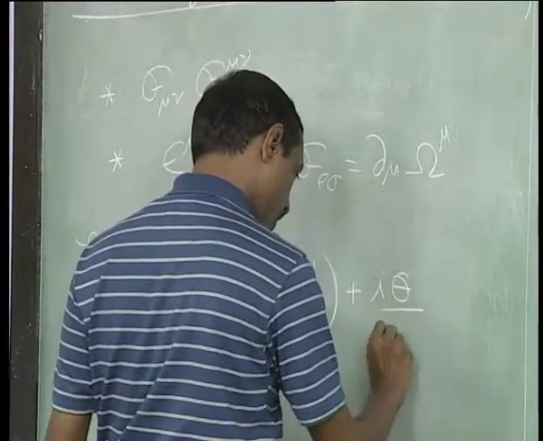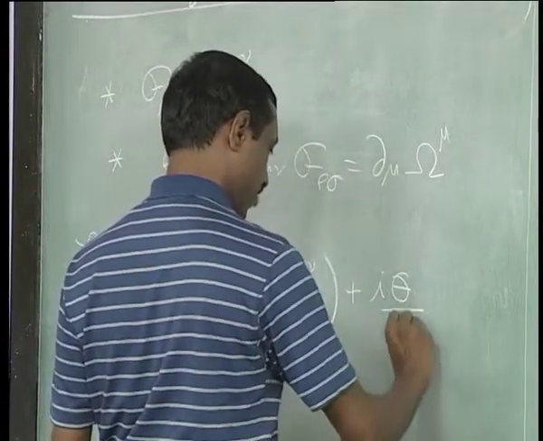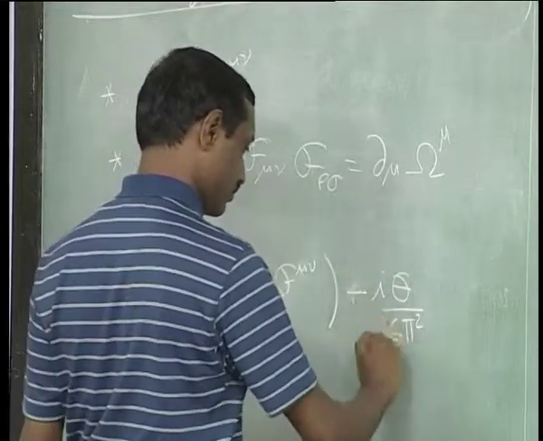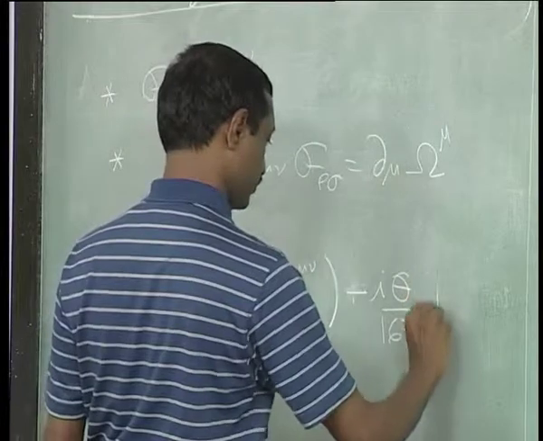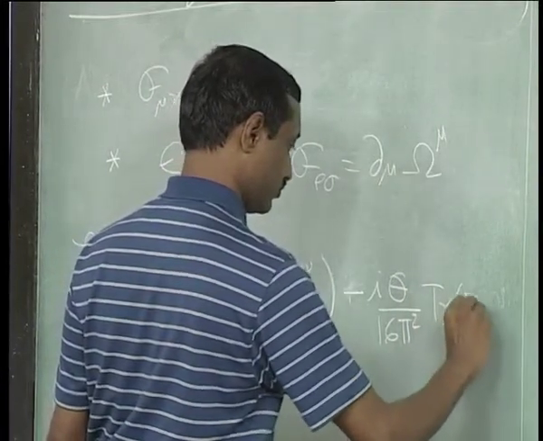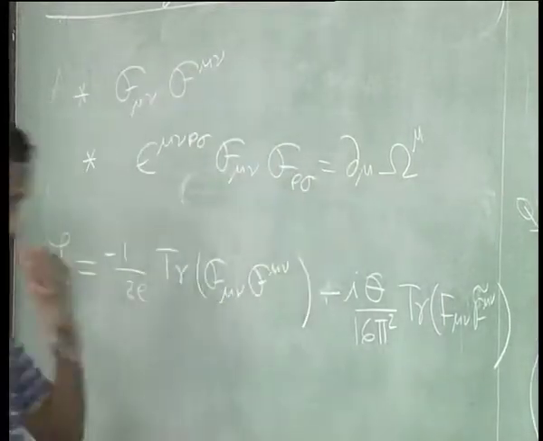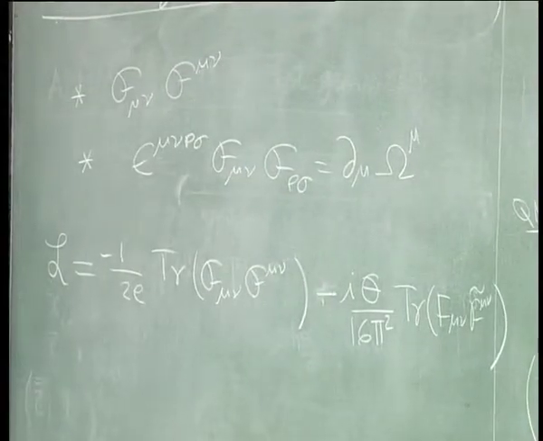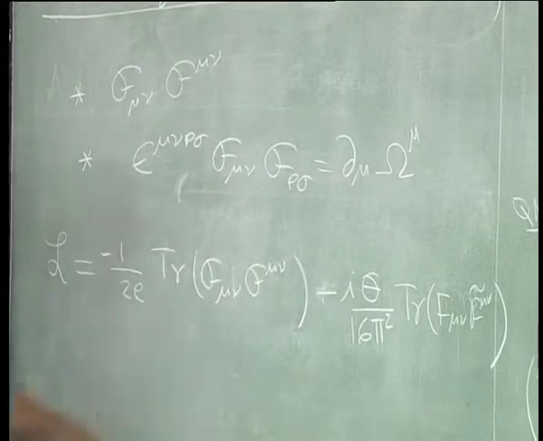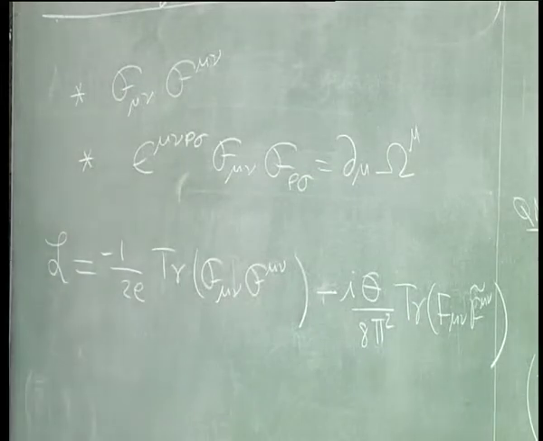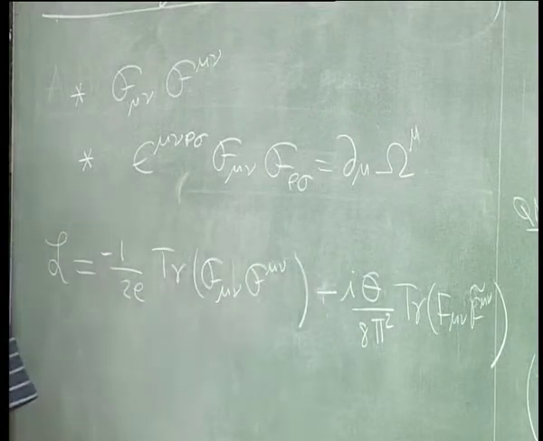So that was theta by 16 pi square, right. There is a half in the definition of, is that correct? Yeah. So I write this. So you could write, and I put an I out here.